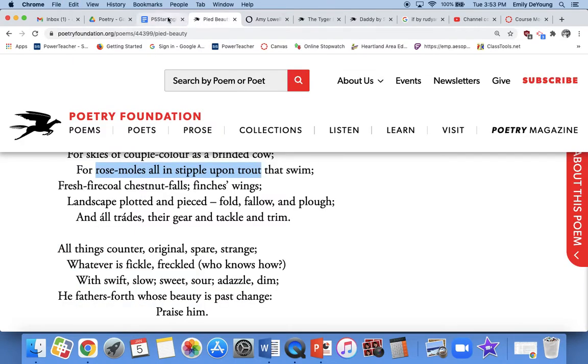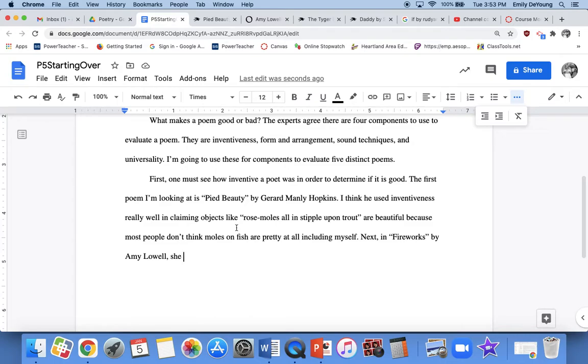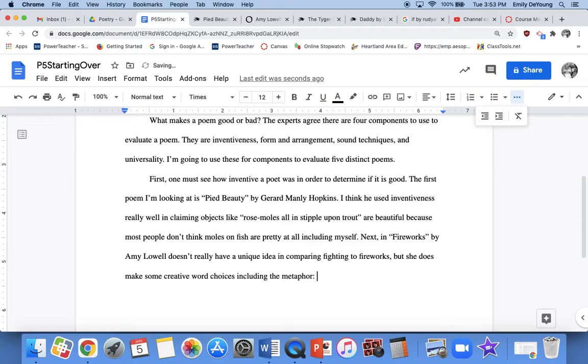So I'm going to go back to my paper here. Fireworks. Amy Lowell doesn't really have a unique idea in comparing fighting to fireworks, but she does make some creative word choices, including the metaphor. And then I will add what I copied and pasted. That's really more imagery.